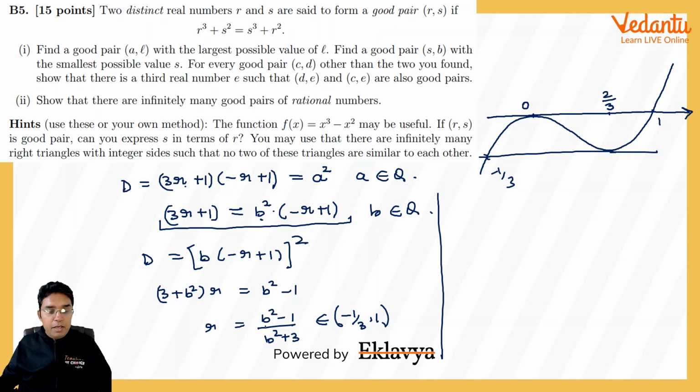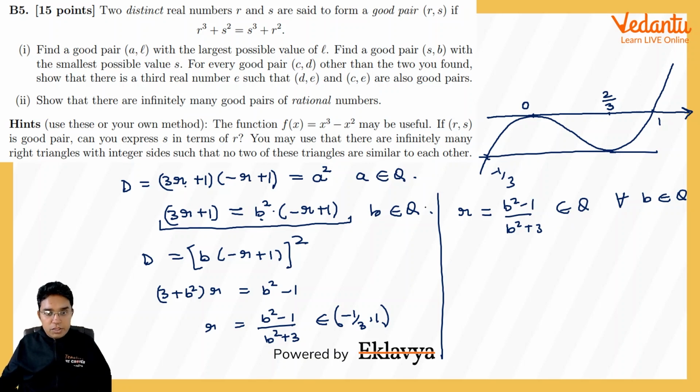This b, if it's a rational number, and I can choose infinite rational numbers, so that this r will be b square minus 1 upon b square plus 3, also a rational number. In fact, for all b being rational number, this will be a rational number.